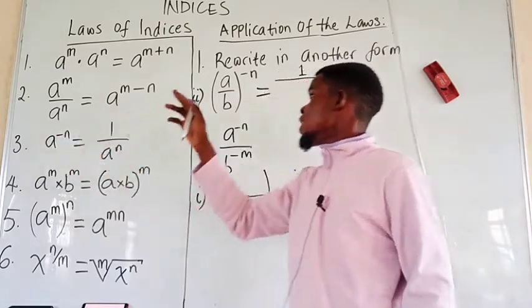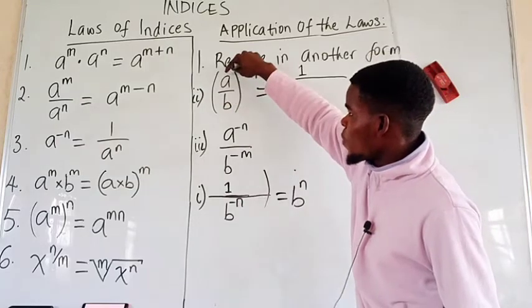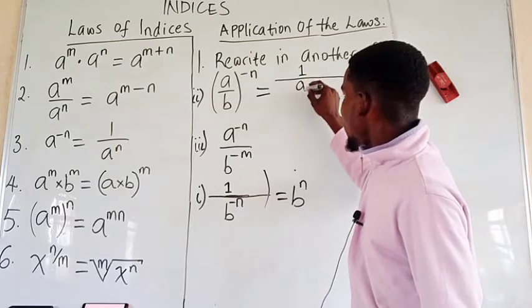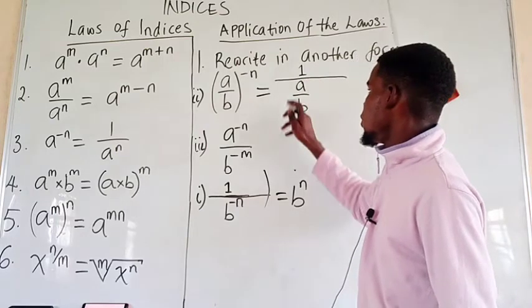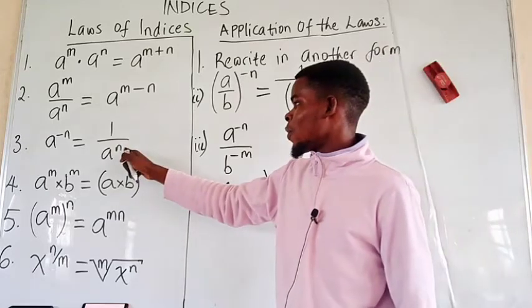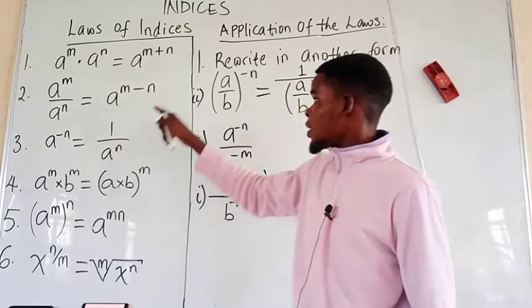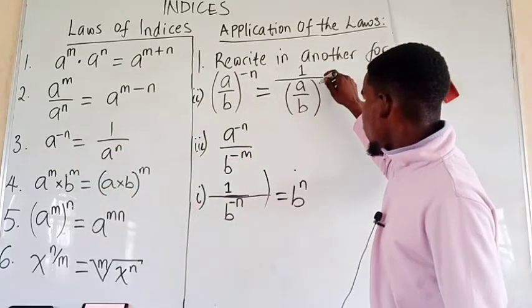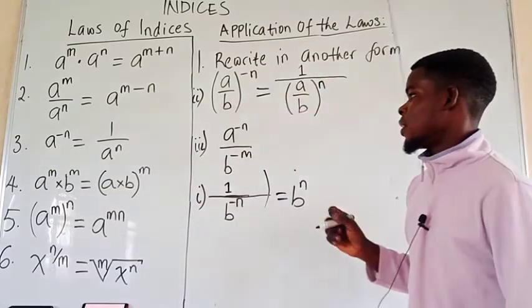Now, you see here that in the place of a, it is being replaced with a fraction. That fraction, right? And we raise everybody to the power of n, which is without the negative sign.